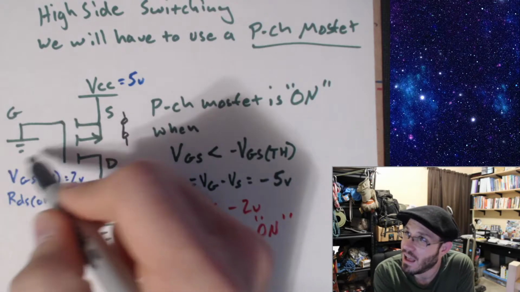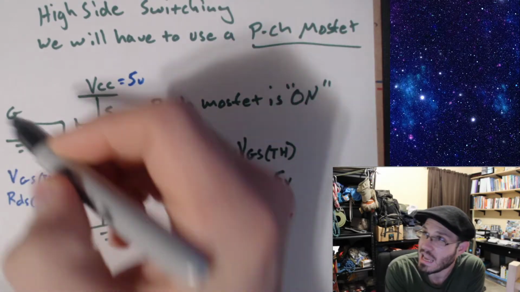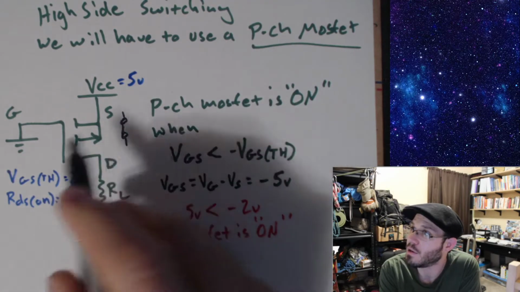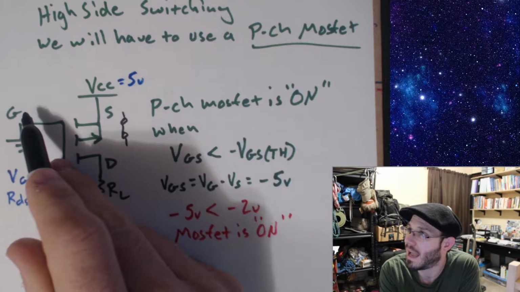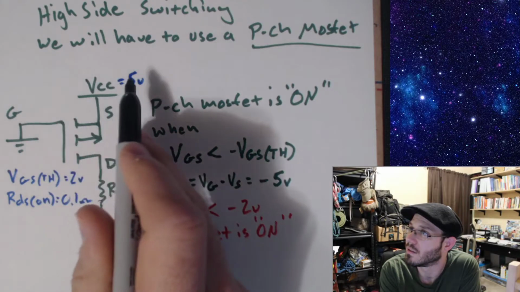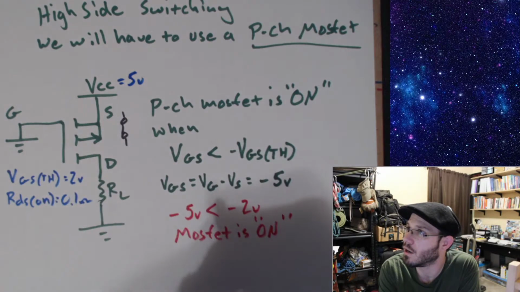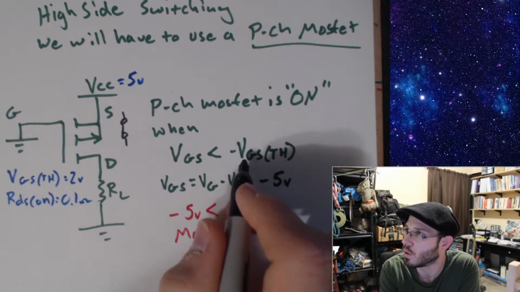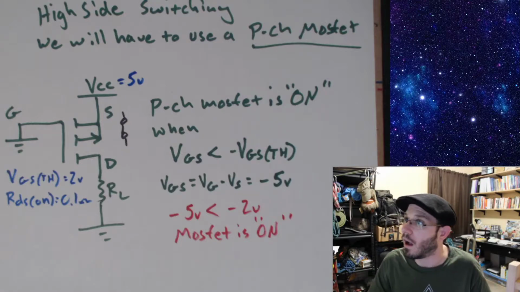If instead you tied the gate up to 5 volts, you would have 5 volts minus 5 volts, which gives us 0 volts. 0 volts is not less than minus 2 volts. So the MOSFET would be off, okay?